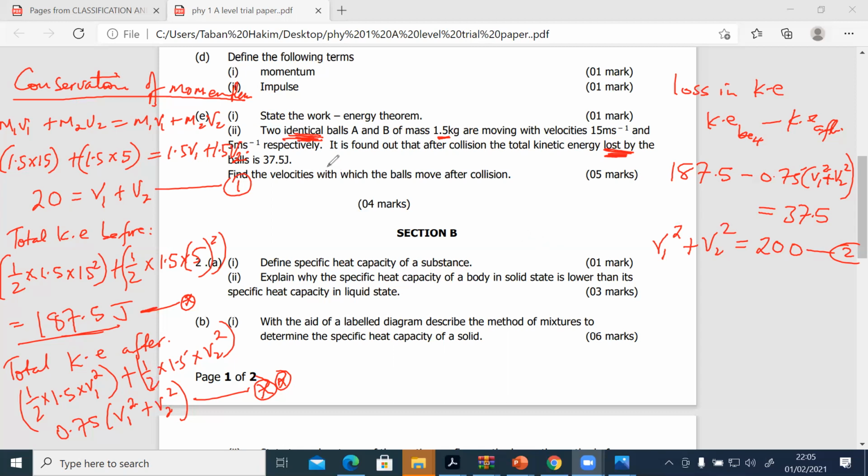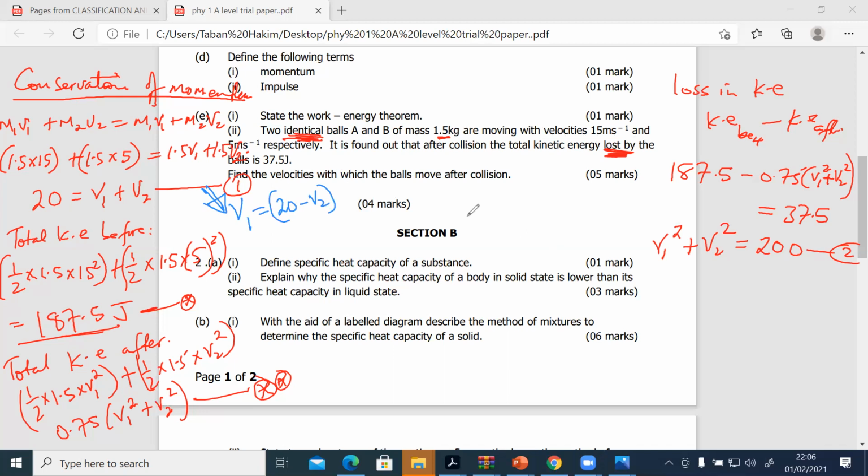So solving these two, if we make V1 the subject of the formula from the first equation, our V1 will be equal to 20 minus V2.